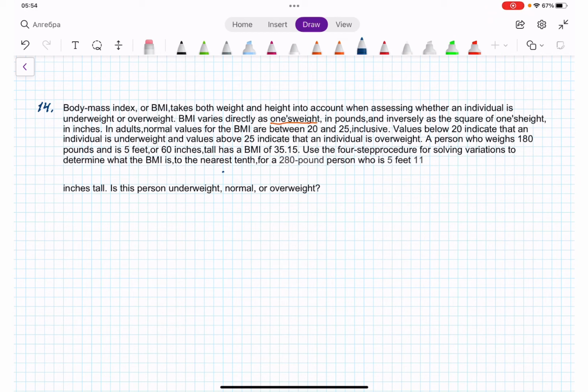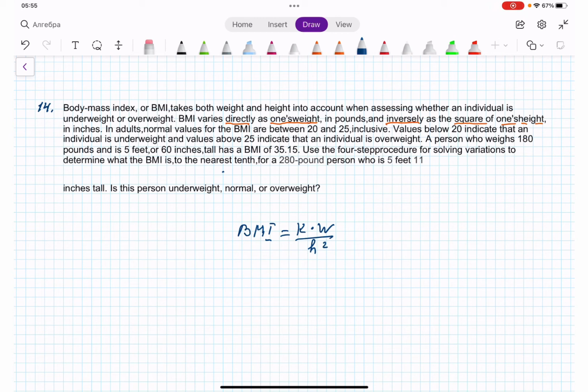That means BMI varies directly, a constant coefficient of proportionality times W, weight in pounds. And here is the keyword, directly. And inversely as the square of the height, which is h squared.